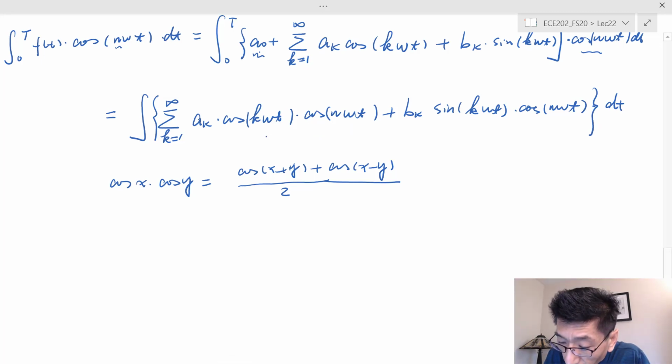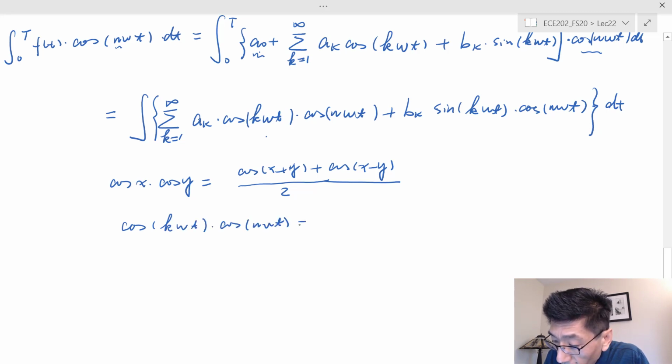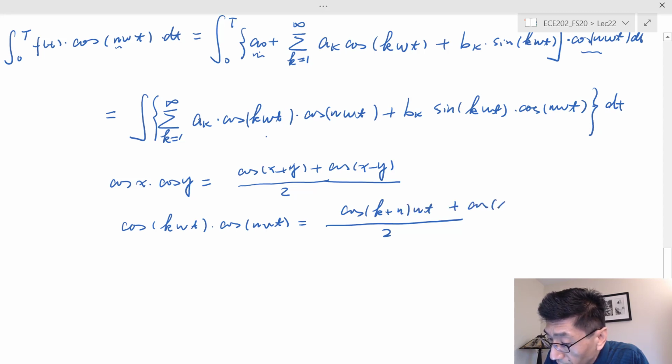So cosine k omega t times cosine n omega t becomes one half of cosine (k plus n) omega t plus cosine (k minus n) omega t.